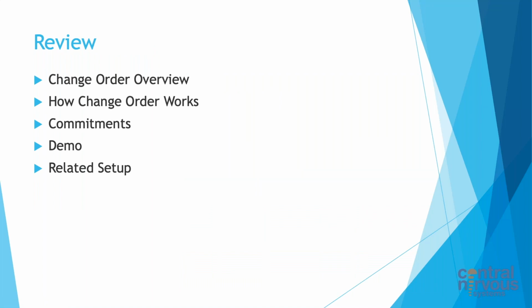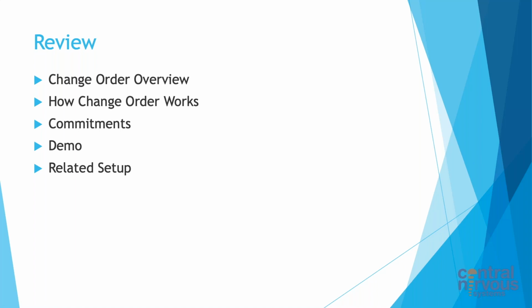So change orders, quick one today. Normally I'm right up against it, but this one's a fairly quick one. So what did we talk about? Change order overview. We went through what a change order would be as an overall piece, how change order works, and those processes of checking off boxes.